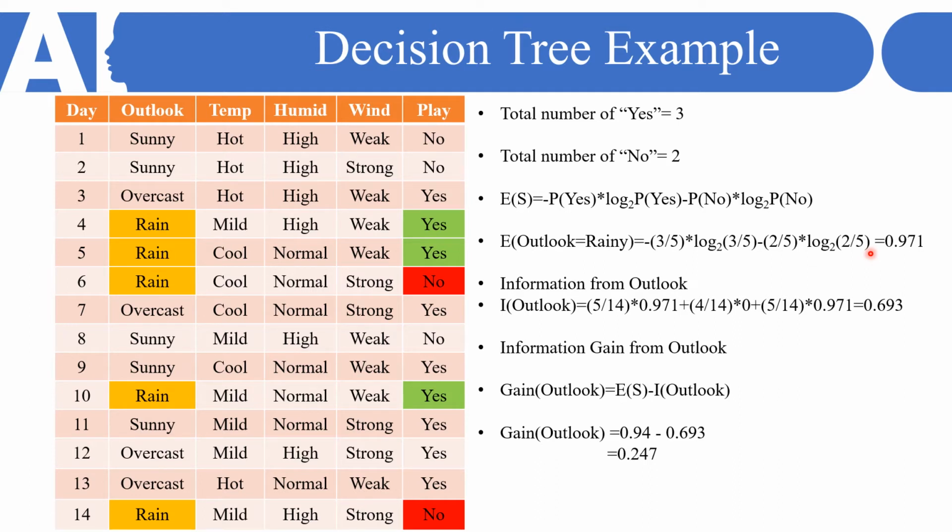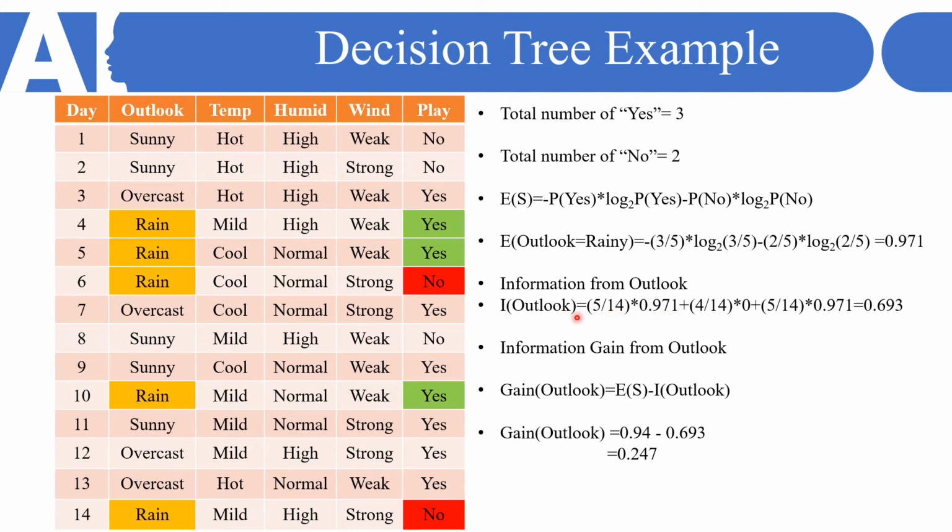Now we want to find out the information from the outlook. So only from this outlook, that is from the total column, now I am going to form this particular information. So information from outlook, and it is because of sunny, overcast as well as rain. So information of outlook is equal to 5 by 14 into 0.971.